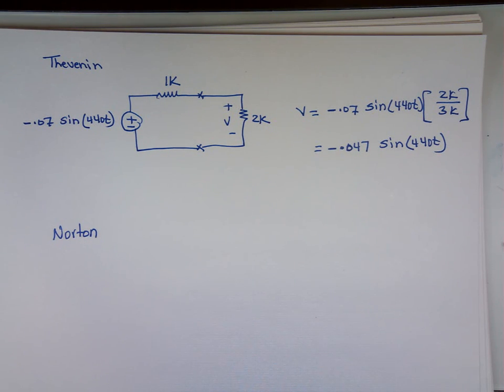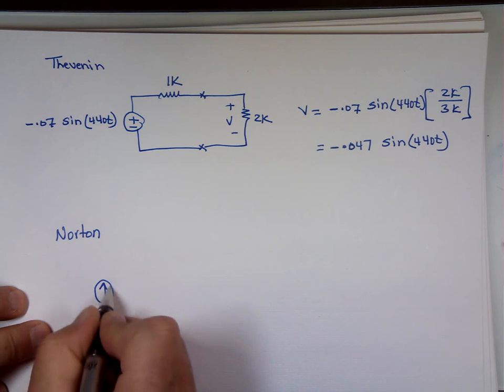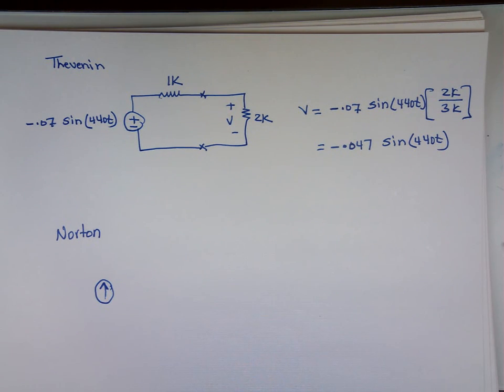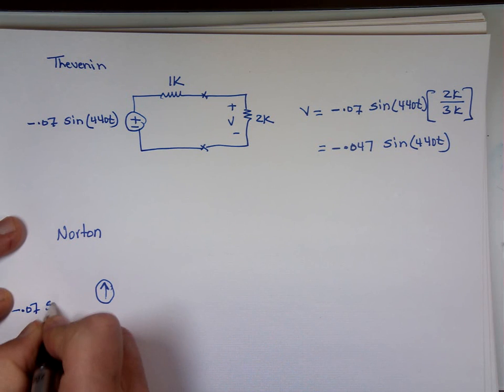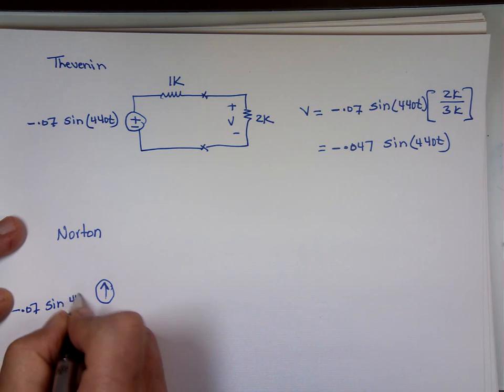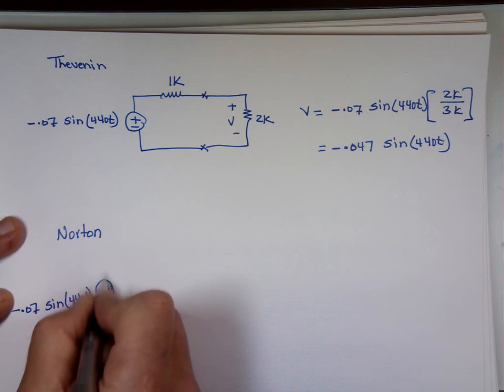A current source, and we have that value, it's in milli. Where was that value for it? Same number, just milli. Negative 0.07 sine 440t in milliamp with 1K here.